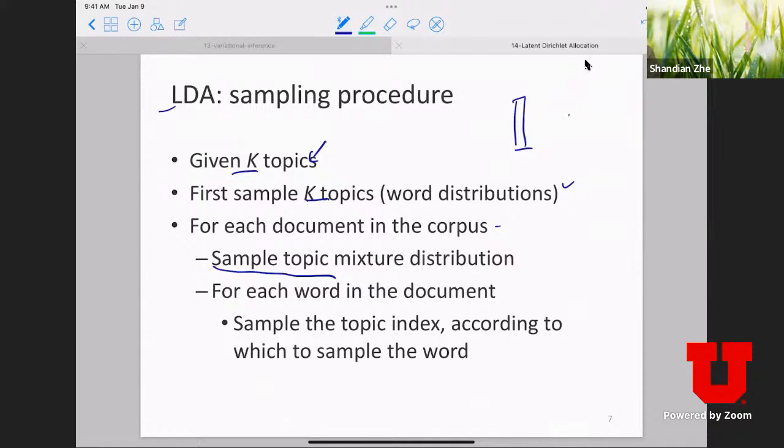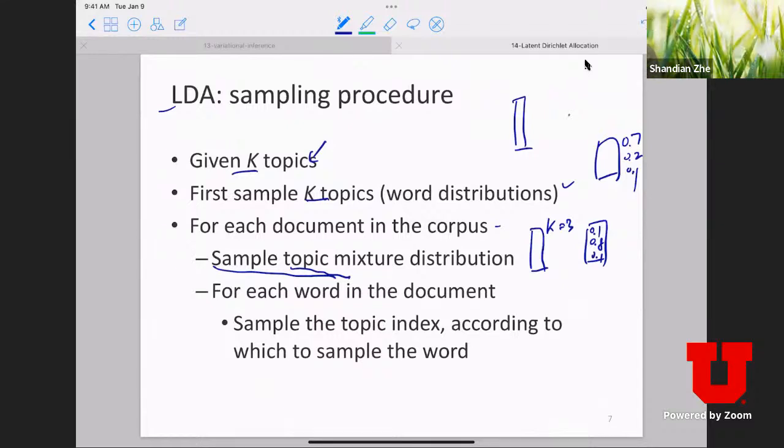Suppose you have K topics, then your topic mixture distribution will be a probability vector of dimension K. You can imagine if K is 3, then your topic mixture distribution might be 0.1, 0.8, 0.1. And for the next document, it might be 0.07, 0.02, 0.01. So you first sample the topic mixture distribution for this particular document.